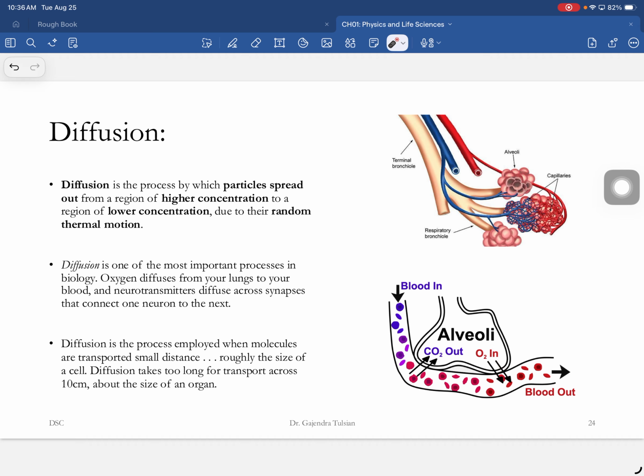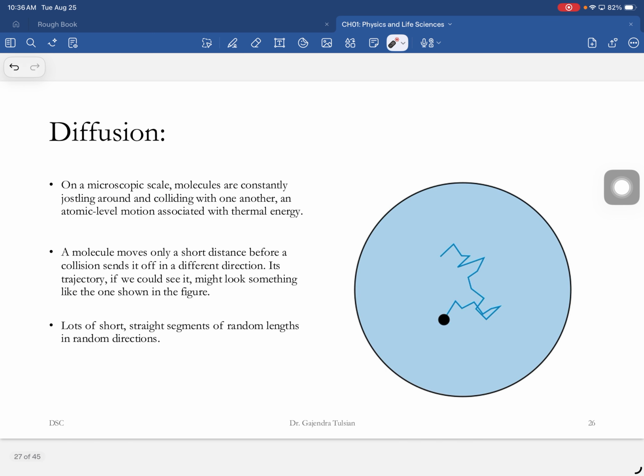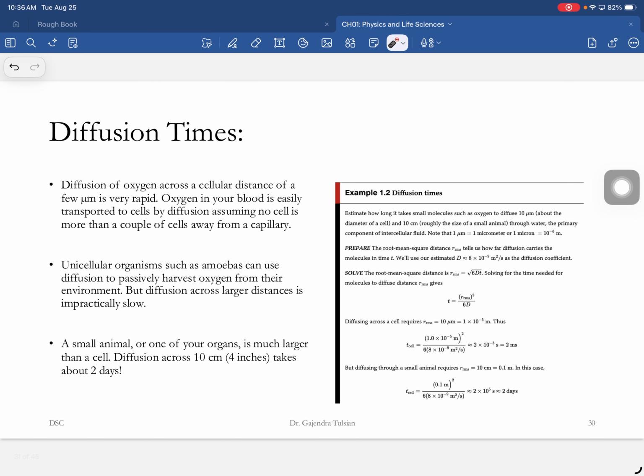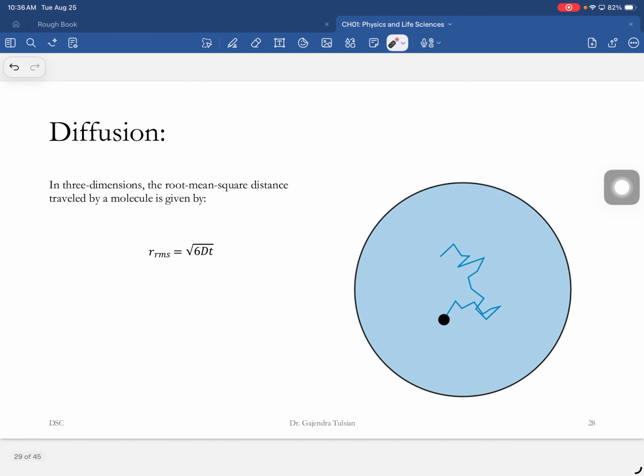I'll give you numbers next time. Across these small distances, these molecules move in milliseconds. So as long as you have small distances to move, they move in milliseconds.